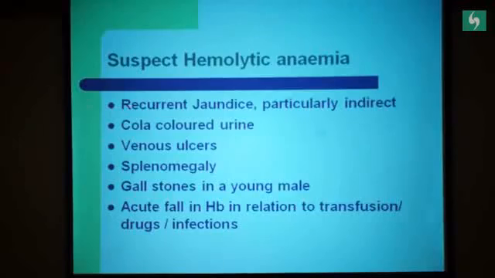Patients who have an unexplained splenomegaly, patients who have gallstones, particularly if it is present in young males, that should always be investigated for an underlying hemolysis. Or suppose there is a fall in hemoglobin which is in relation to a particular drug, particular infection, or related to transfusion. We must definitely think an acute fall like this is hemolysis.